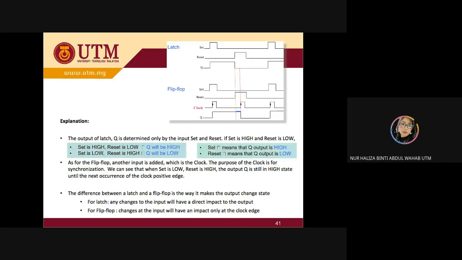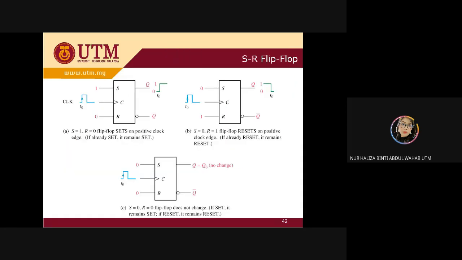Now we go directly. This one is all the detail, similar things on their output. Just now we look into the example. And this is for SR flip-flop on the logic diagram. So you can see here, as I mentioned, you just have this symbol change only.